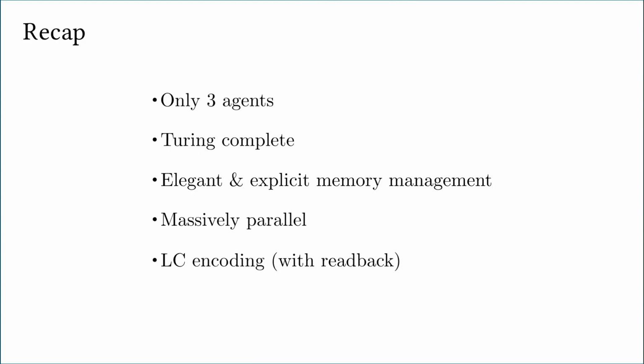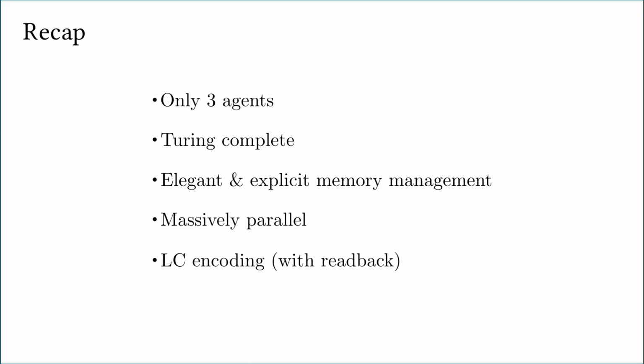We have a minimal system, right? We have only 3 agents, which we have previously also had in the lambda calculus. We had minimal rules. But this system is also Turing complete, so you can actually do anything a computer can using only these 3 agents, right?